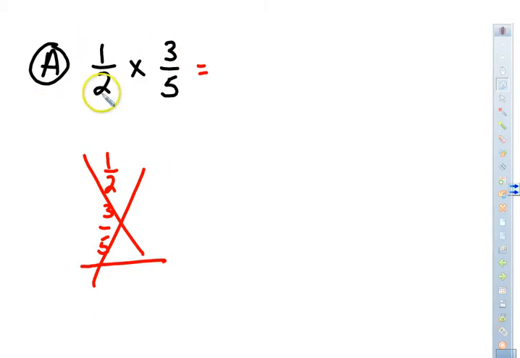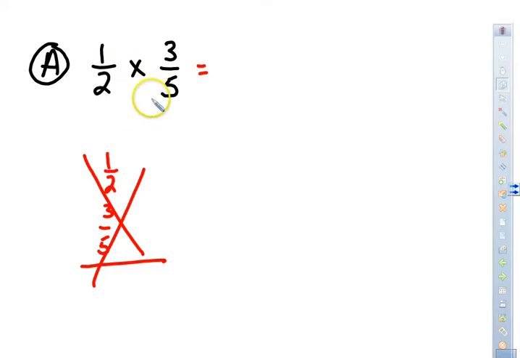We want to leave our multiplication horizontal, and you're going to see some steps why we want to do that. The biggest reason is because you're multiplying numerators together, denominators together. We're also going to do some possible reducing, which we call cross-reducing, before we multiply in some of these situations.